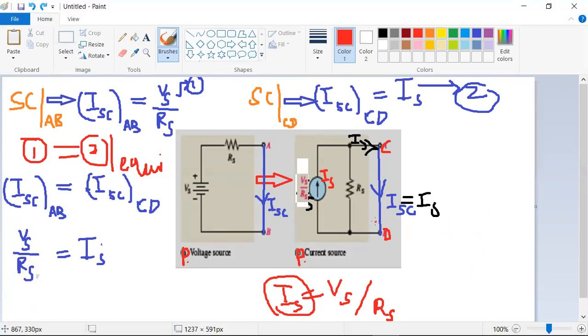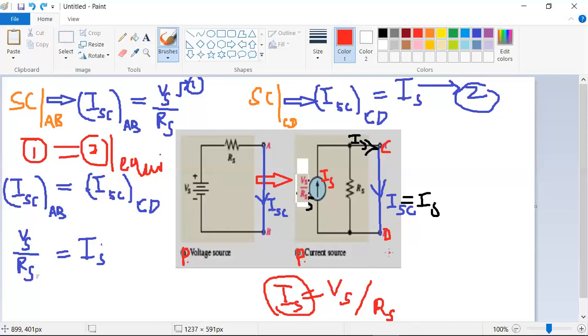In the same way you can convert a practical current source to a practical voltage source. For converting voltage source to current source, you added one important point: you made A B and CD short circuited.